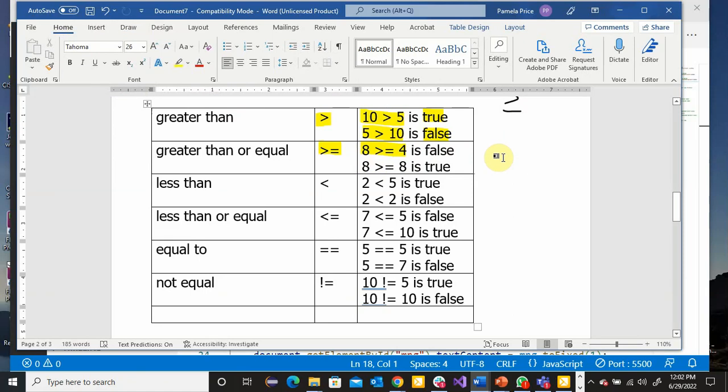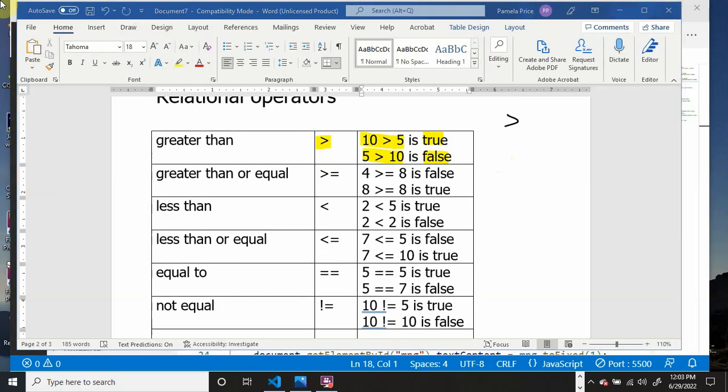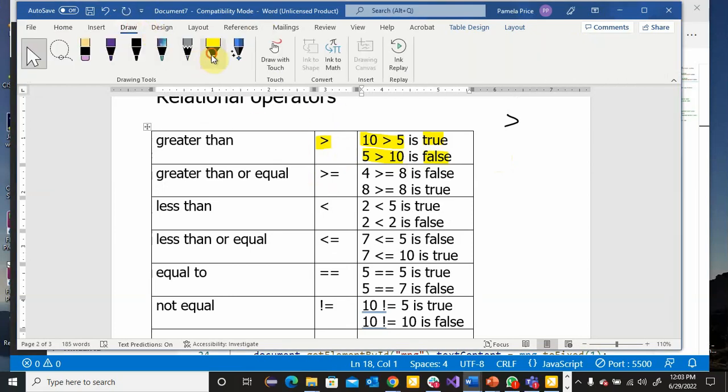But 8 greater than or equal to 8 is true. All right, so I made a correction here on my slide. So again, this is greater than or equal to, and 4 greater than or equal to 8 is false. 8 greater than or equal to 8 is true, right? So that's our greater than or equal to operator.